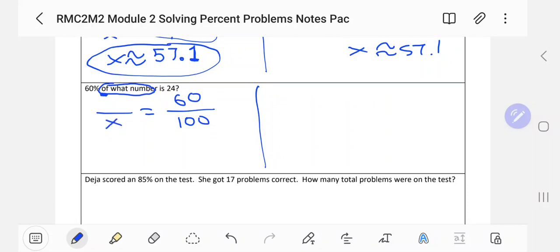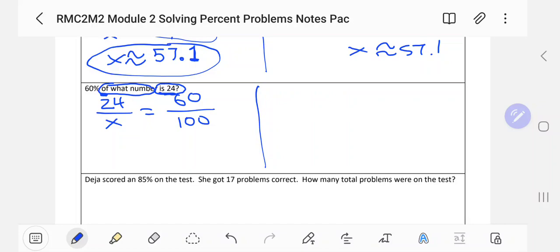It's our unknown, the thing we don't know. And then is 24. So 60% is 24. We could restate it like that: 24 is 60% of what number? But a lot of times the word that is either before or after the word is going to be our part.